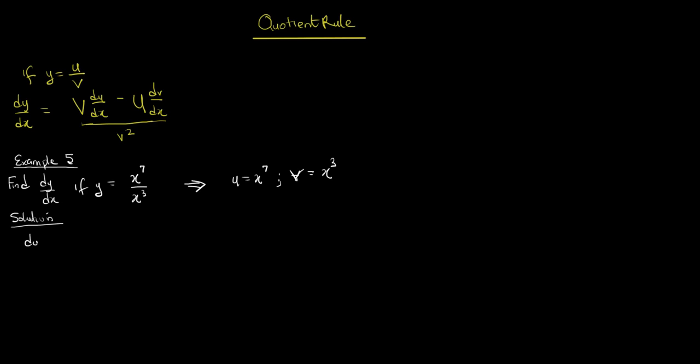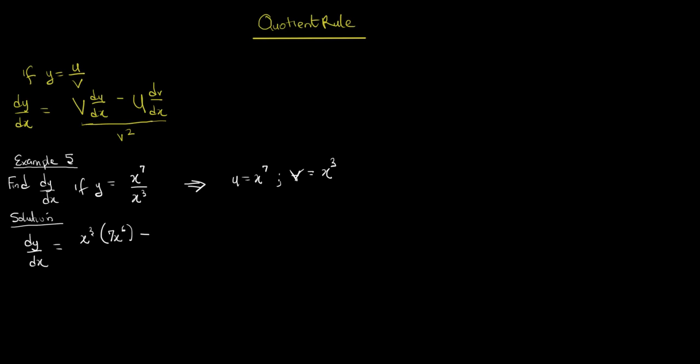So dy/dx is going to be equal to, applying our formula, v du/dx. V in this case is x raised to power 3. Du/dx is differentiating u, which is x raised to power 7. It's going to give us 7x raised to power 7 minus 1, which is 6, minus u dv/dx.